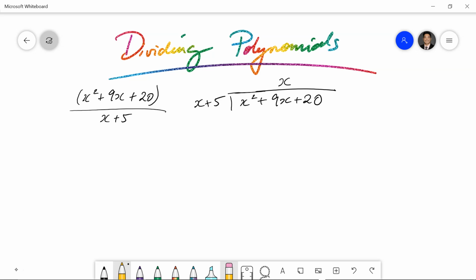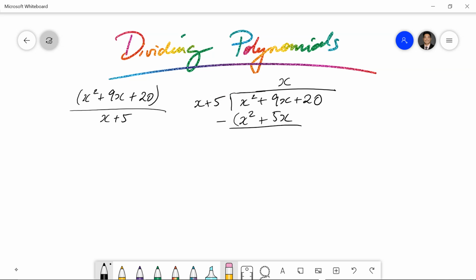Now what we want to do is multiply those two across, we'll multiply it back into the two terms in the divisor. So x times x is x squared, and then x times 5 is 5x.